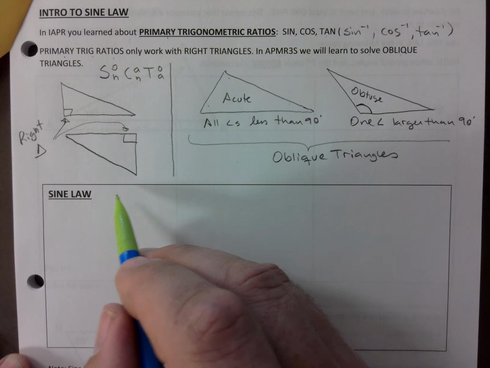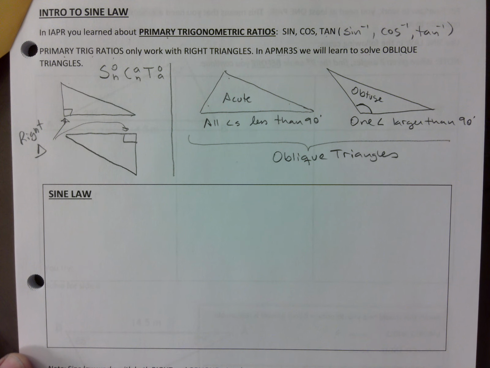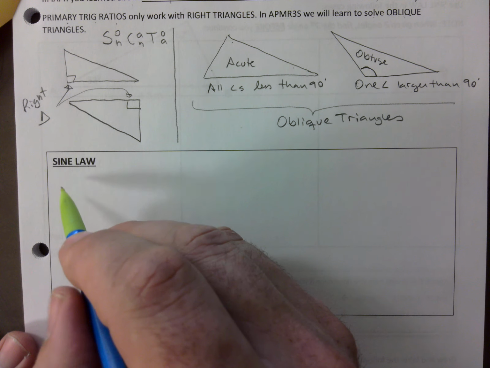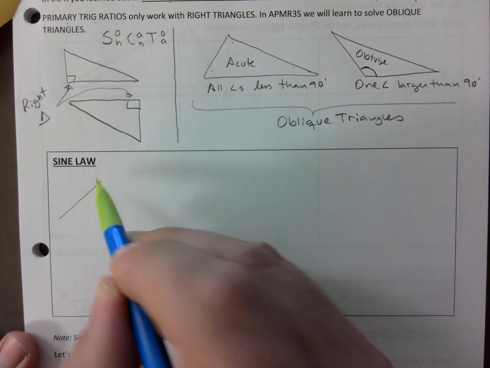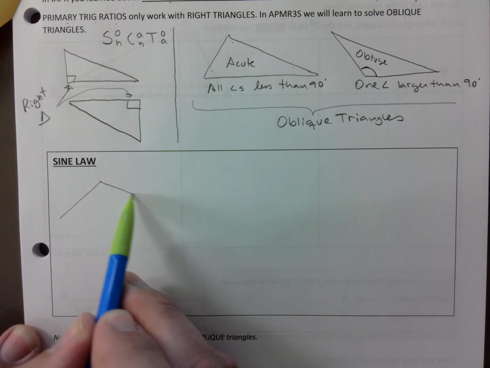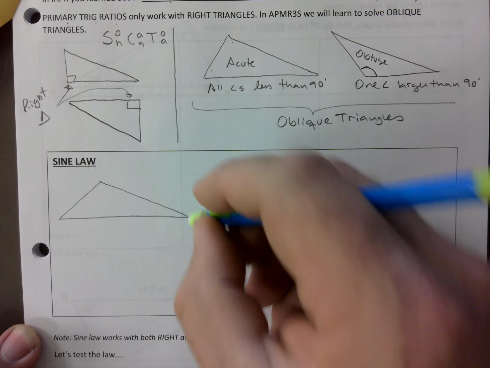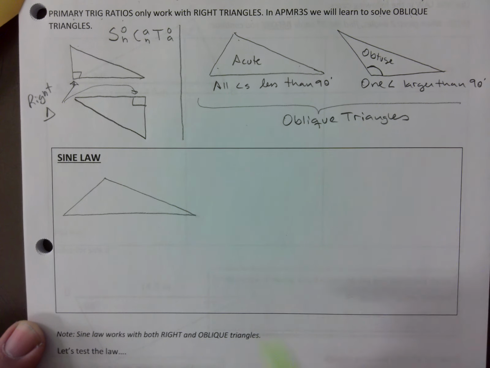So, sine law, that's the first one I'm going to introduce to you. This is my classic triangle example. I'm going to try to make all sides look different in length. So there you have it. Make a triangle like that.